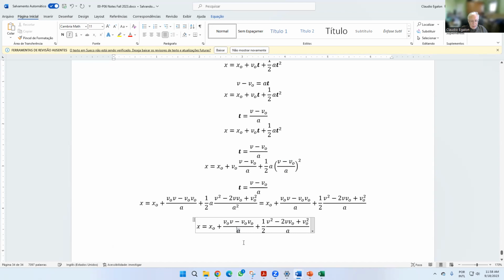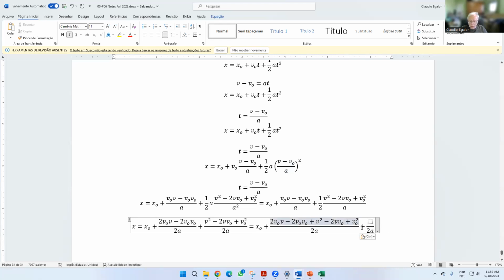So what I have to do is divide and multiply this term here by 2, so they have the same denominator, right? And I'm going to take away this half and just put the 2a there. And now that they both have the same denominator, we can combine them here.